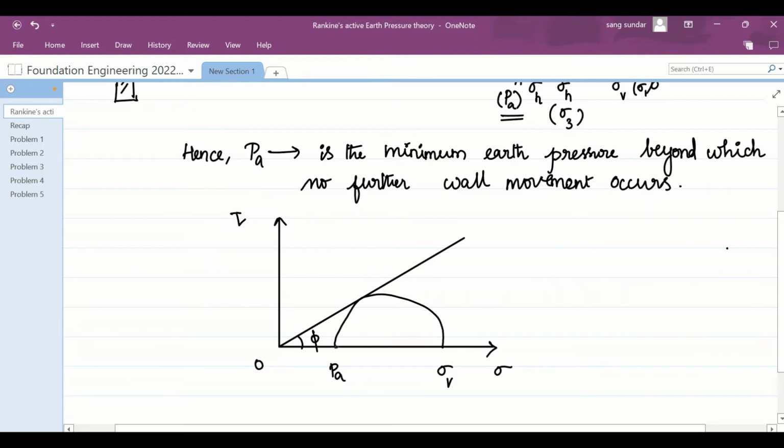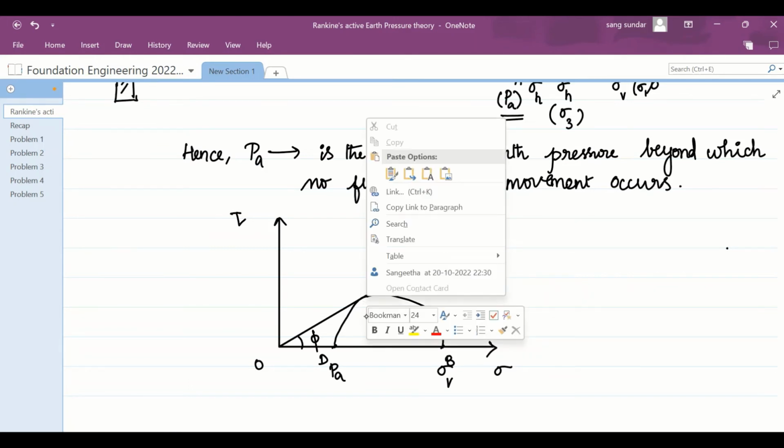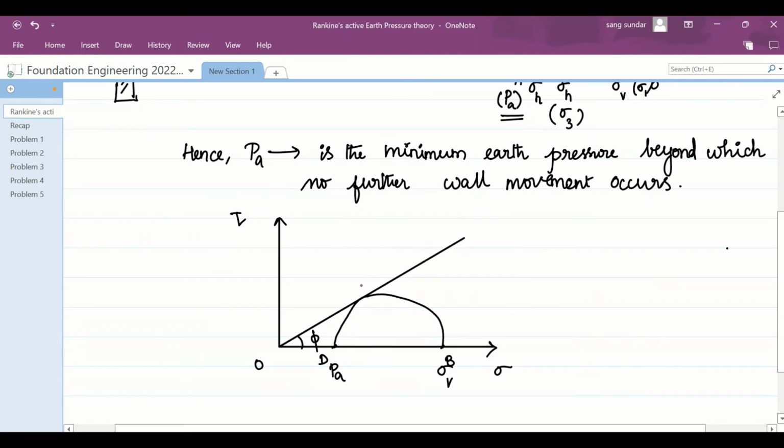So for easy consideration, let me retain this point as B, and let me take this point as just D. Okay, and let us take the point at which your Mohr circle touches the failure envelope as E, and C as the center of your Mohr circle at active earth pressure condition, and just draw a perpendicular that joins this point of contact and the center of your Mohr circle.